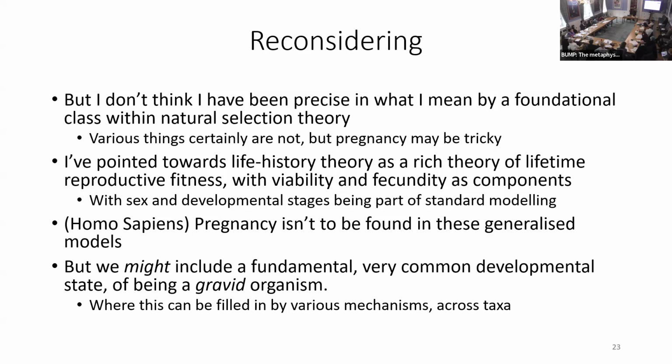And of course, Homo sapiens pregnancy isn't found there. But we might include something fundamental and very common, maybe being a gravid organism, where that can be filled in by various mechanisms. I haven't been precise about what I mean by being at the foundations, but I think that various things are certainly not at the foundations, like having diabetes.